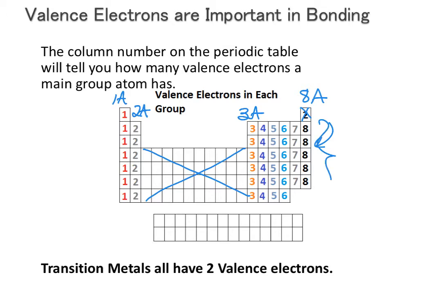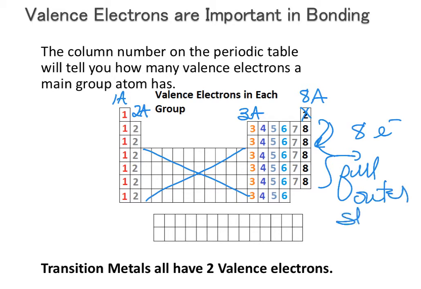Now, another thing I'm going to remind you of is that 8 electrons is considered a full outer shell. Okay, it is very stable, and so I've kind of made the pun before that all atoms are noble gas wannabes.